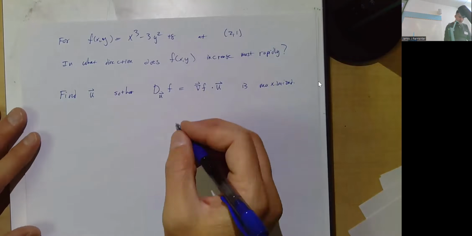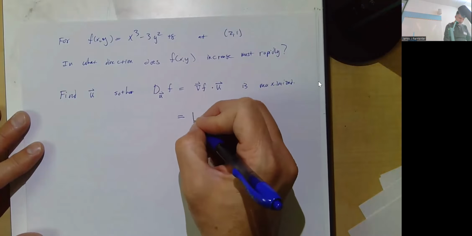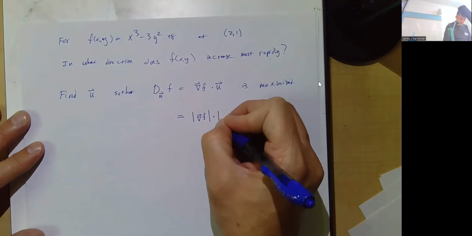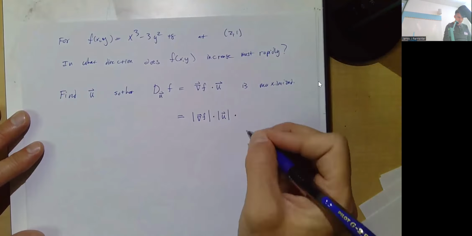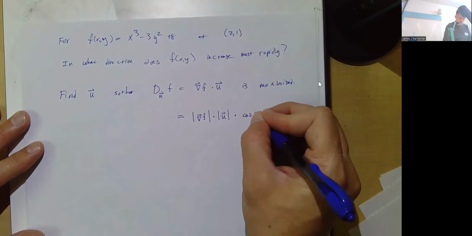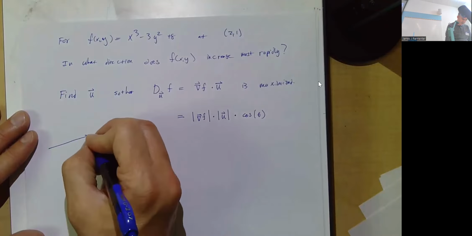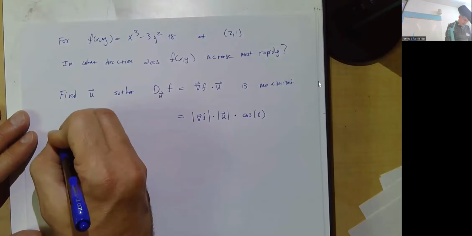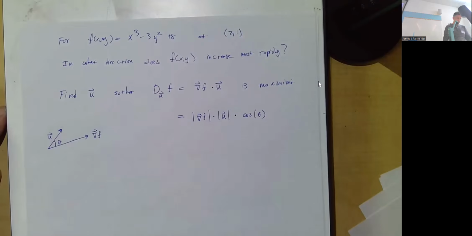Another way of calculating the dot product is the magnitude of the first vector times the magnitude of the second vector times cosine of the angle between them. So if that's my gradient of f, that's my unit vector u, and there's the angle between them.